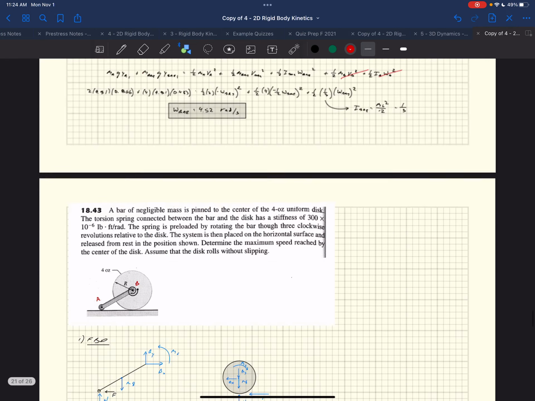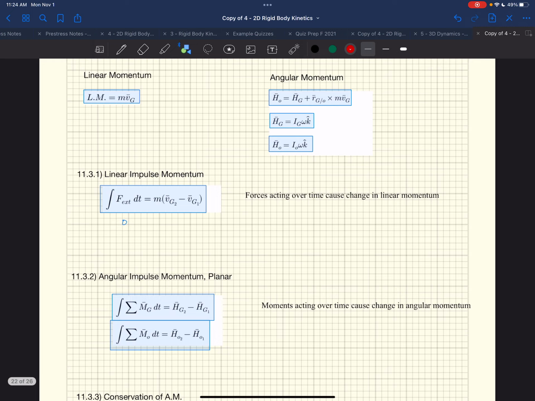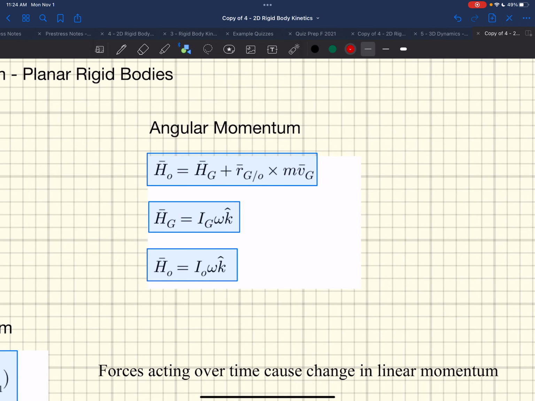Let me go back to my H_O equations here. So that bullet's coming in. It actually is spinning around its own mass center, but around a different axis, kind of negligible for this case, because the rifling gets it spinning. But really, I'm trying to figure out the angular momentum about one point, and that point is O up at the top.